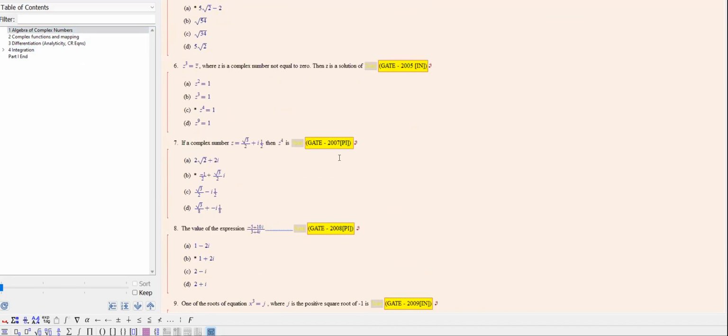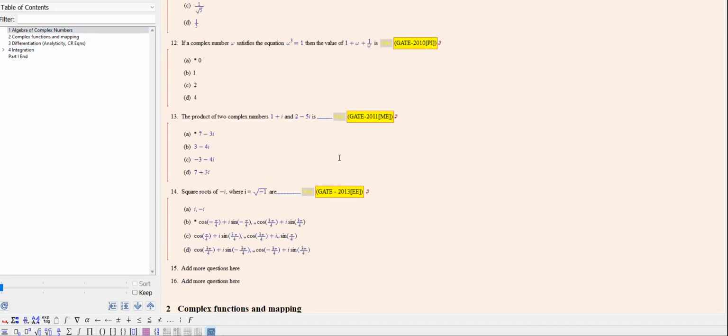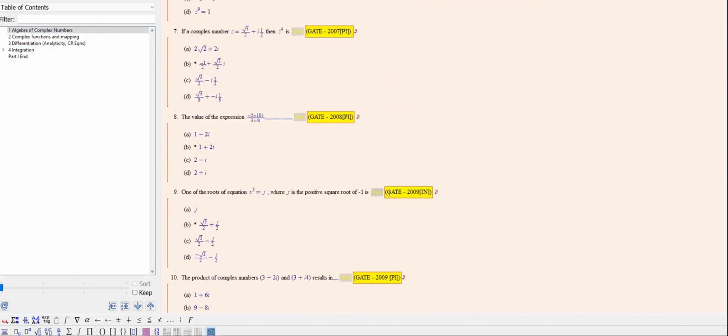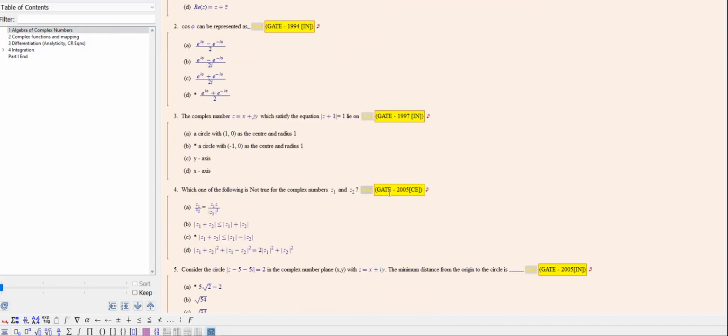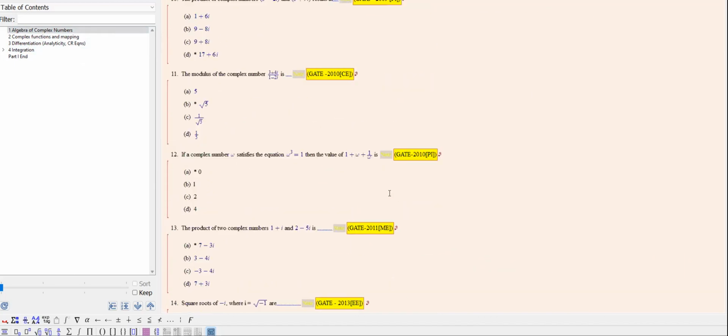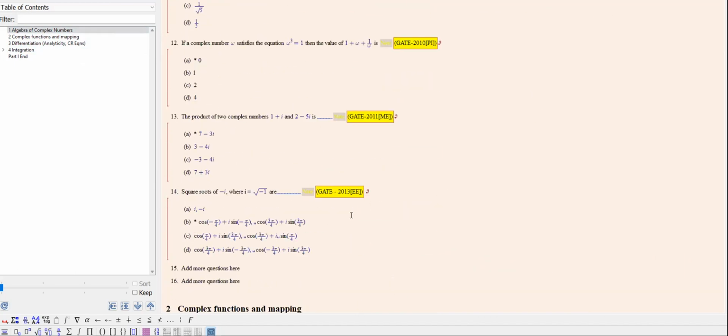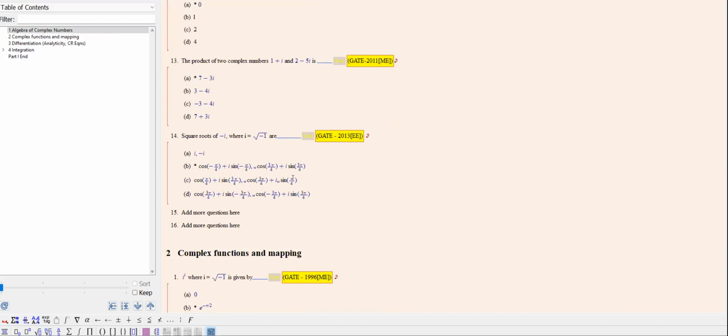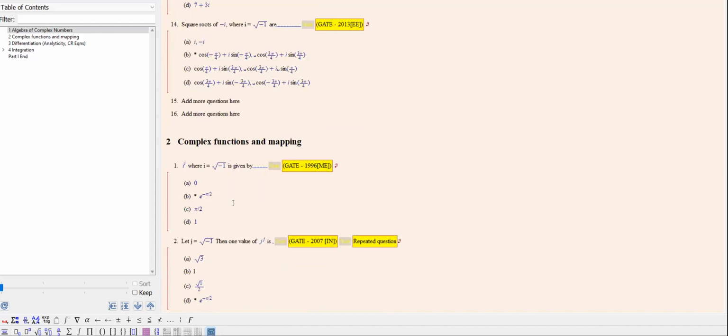So algebra of complex numbers, you just see how many questions you get, from 1993 to 2013. You have got 14 questions. That means every year one question on simply the basics of complex numbers.